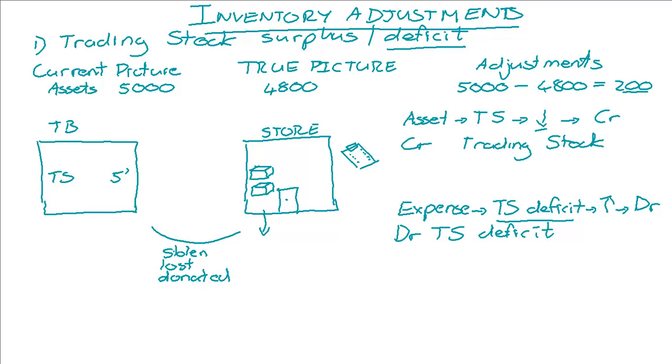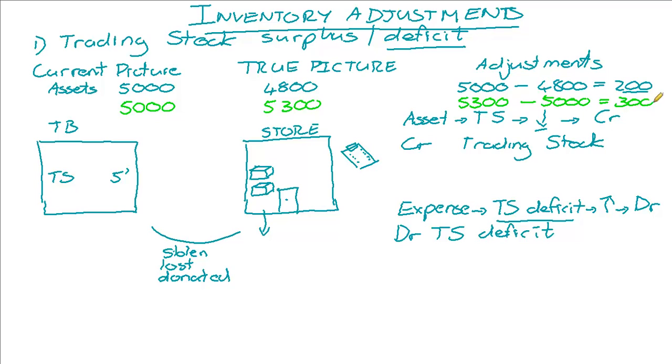Now let's look at the situation if it is the other way around. So now let's assume that my current picture still says that I have assets of 5,000 Rand, but when I go to my stock count, I find that there's trading stock to the value of 5,300 Rand. Now my adjustment is again the difference between the two amounts, 5,300 minus 5,000 Rand.